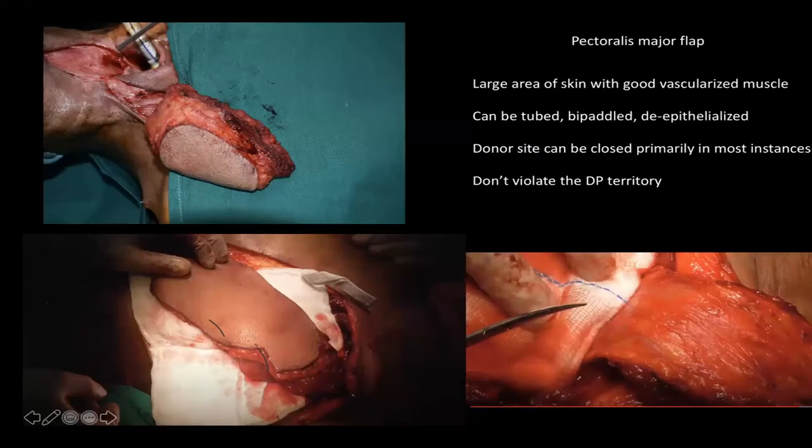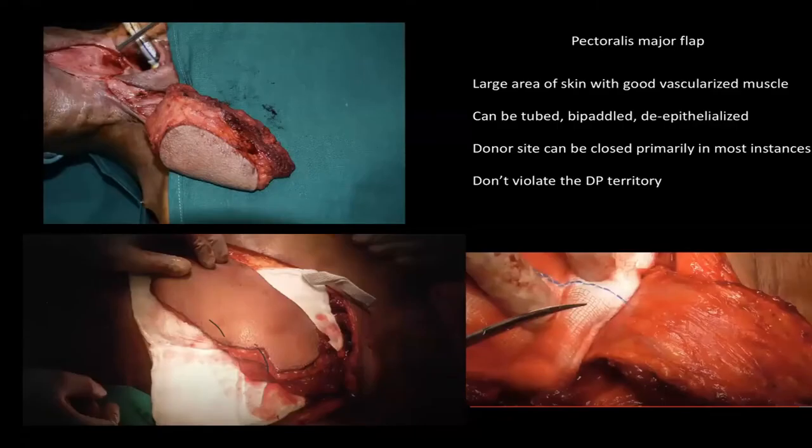Now the blood supply of the pectoralis major is from the pectoral branches of the thoracoacromial artery. And these arteries usually enter the muscle quite high up, just below the clavicle. After piercing the pectoral fascia, they enter into the underside of the muscle, and then they ramify within the muscle and supply musculocutaneous and fasciocutaneous perforators to the skin.